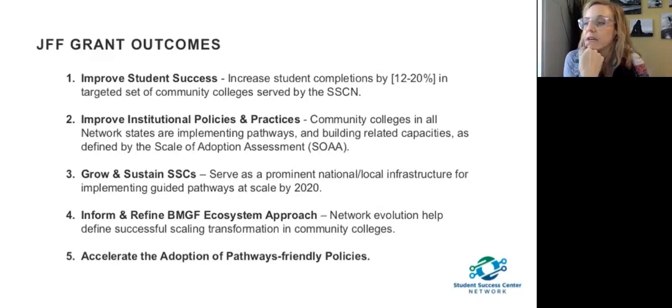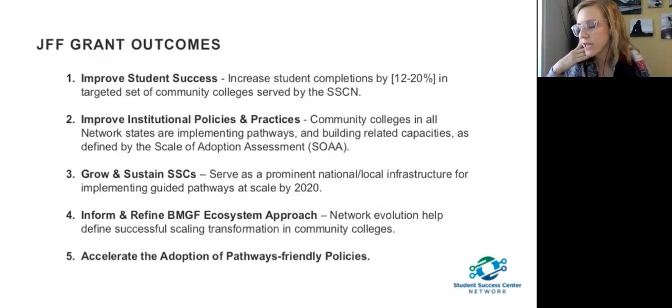And then number 5 is accelerate the adoption of pathways-friendly policies. This work is a little bit more straightforward in that JFF has a responsibility of working with our partners in the field to create a position about policies for pathways and work with each center to determine if and how you all would like support and whether it's relevant in your state.